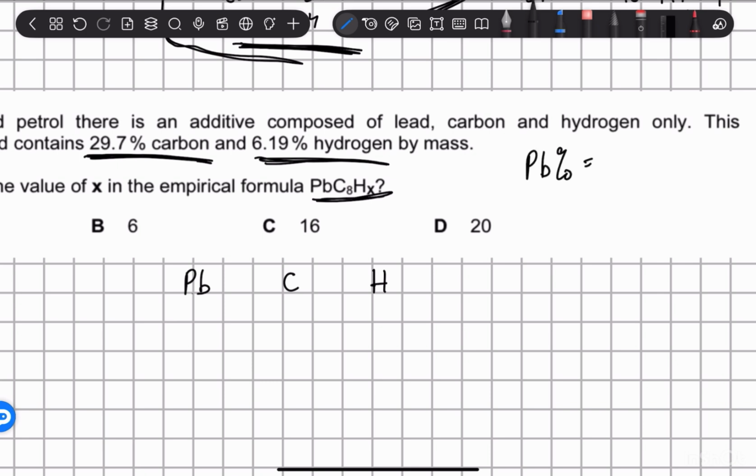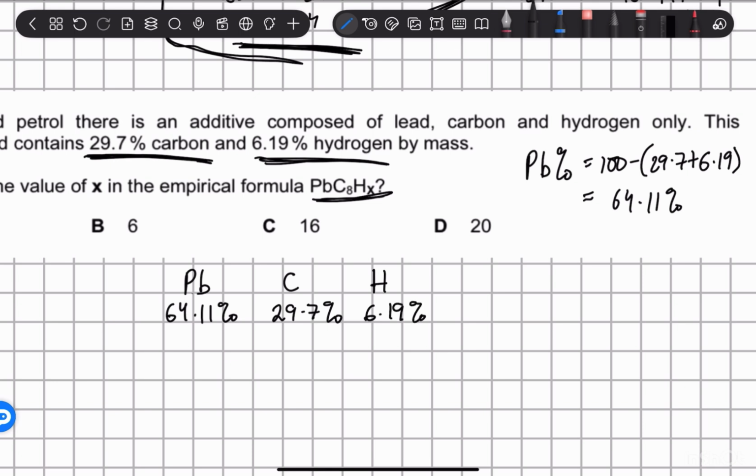Lead percentage would be 100 minus 29.7 plus 6.19, that is 64.11%. So I'm just going to write that down. 64.11%. Carbon is 29.7, and then hydrogen is 6.19.